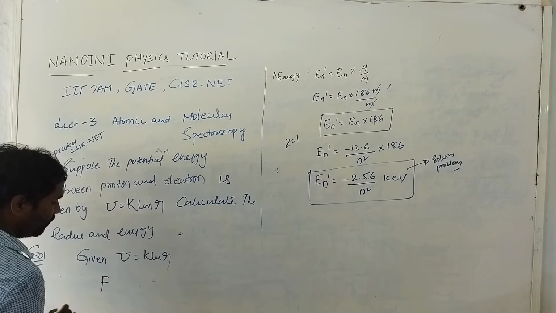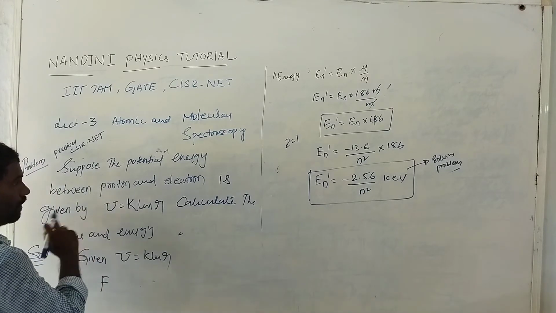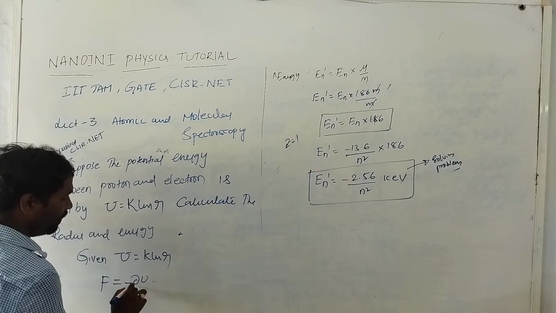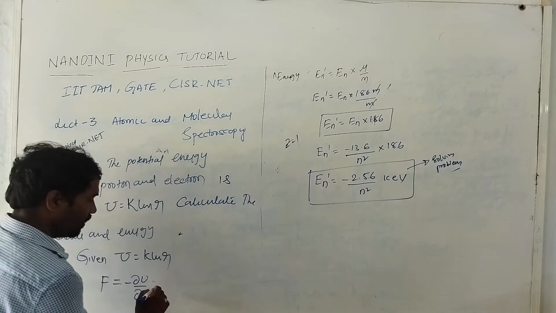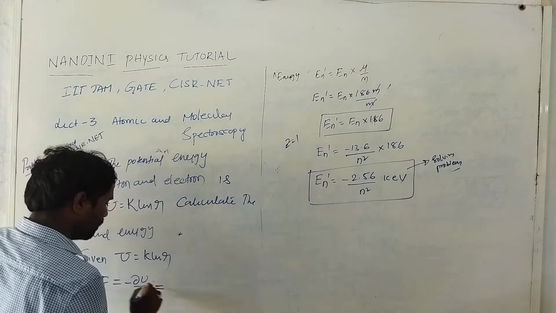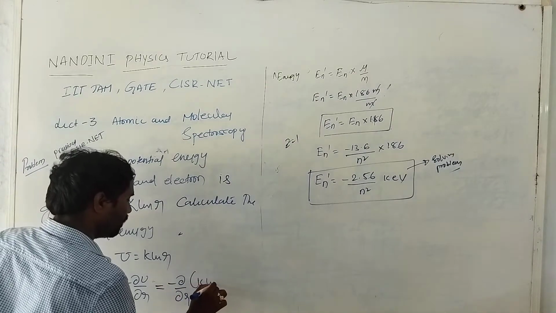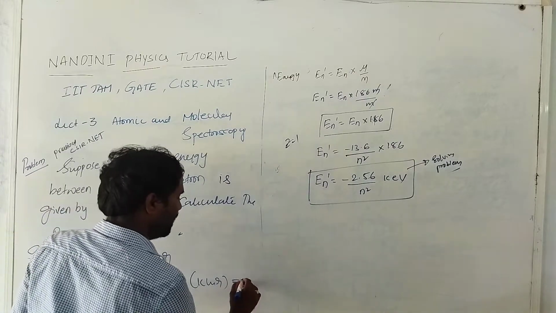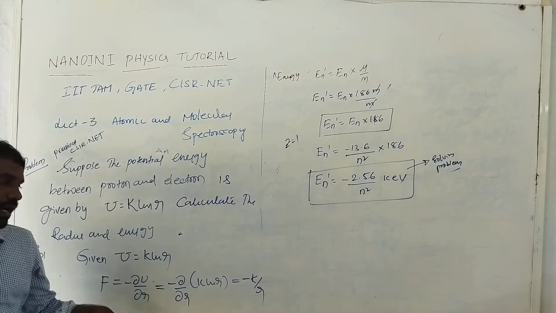Force F, because I want to find the centripetal force between the electron and proton, is equal to minus dou U by dou R. Understand? Minus dou U by dou R. So simply this is minus dou by dou R of K ln R. So this is equal to minus K divided by R, because the derivative of ln R is 1 by R, that's the value.